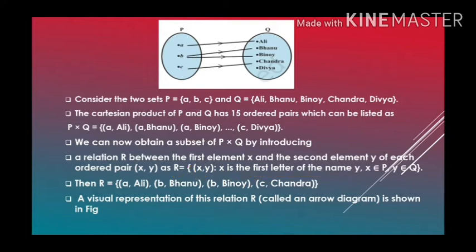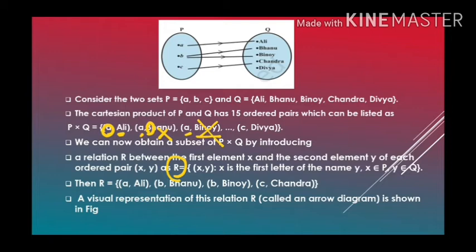That means A, the first element, is the first letter of Ali. But A is not the first letter of Bhanu, so it will not be in the R set. Similarly, A is not the first letter of Binay, so it will not be in the R set.